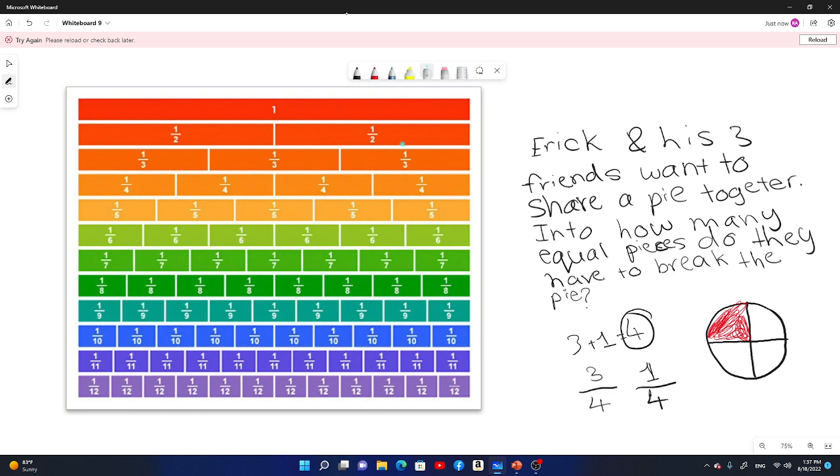Now, we already did fourths, as you could see over here. This is 1/4, 1/4, 1/4, 1/4, and you could call them quarters. This is 1/5, 1/5, 1/5, 1/5, and 1/5.